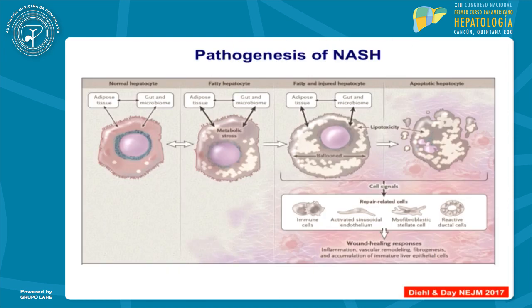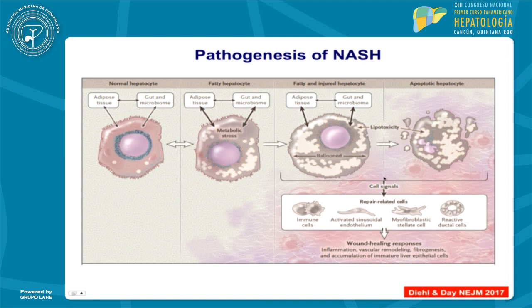And we have already seen the slides, I mean, part of it or some of it. And this is after a recent review that has been published in the New England Journal, showing that you can follow the pathogenesis of NASH from the initial metabolic damage that leads to the generation of a fatty hepatocyte to the essence of NASH, that is the ballooning, that is the hepatocyte damage, that leads to lipotoxicity and hepatocyte apoptosis, lipoptosis, or even necroptosis.